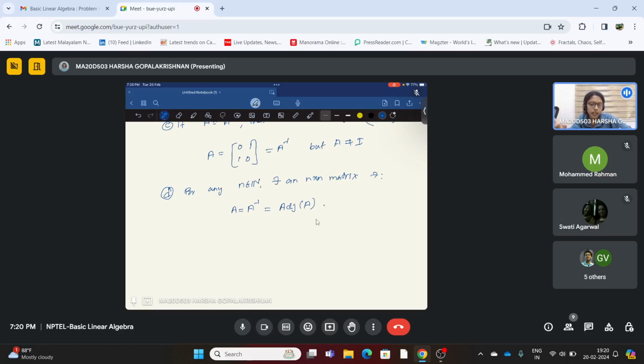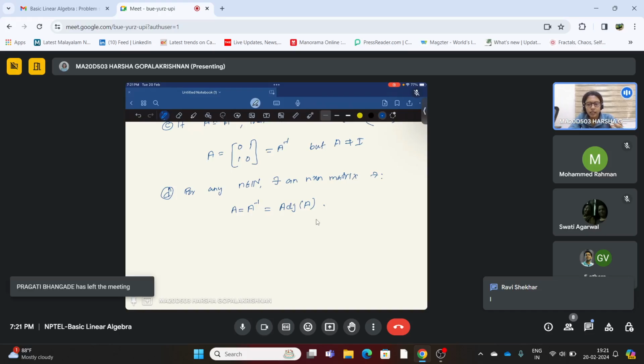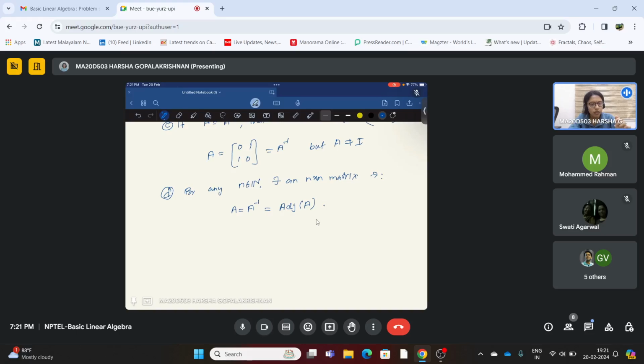That is, for any order n, we are claiming there exists a matrix A that is the same as its inverse and its adjoint. Can you think of any such matrix? Yeah, identity matrix. We have already seen that for the identity matrix, the adjoint is the identity only, and A inverse also we already know. Yes, true. Take A equal to identity. Okay, that's all.